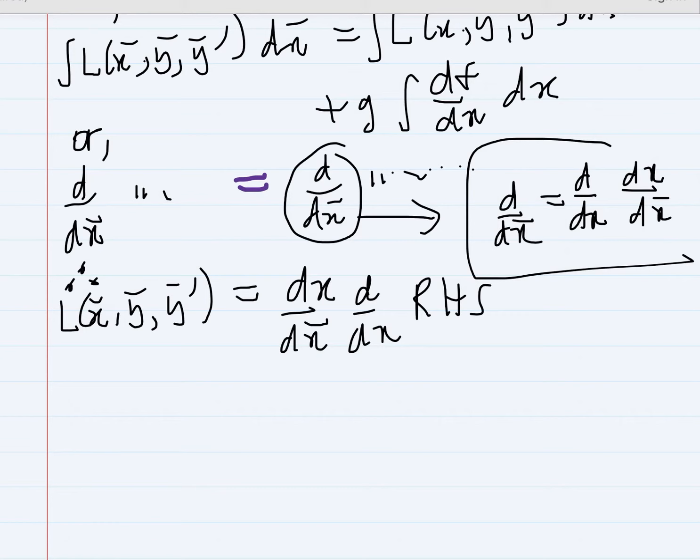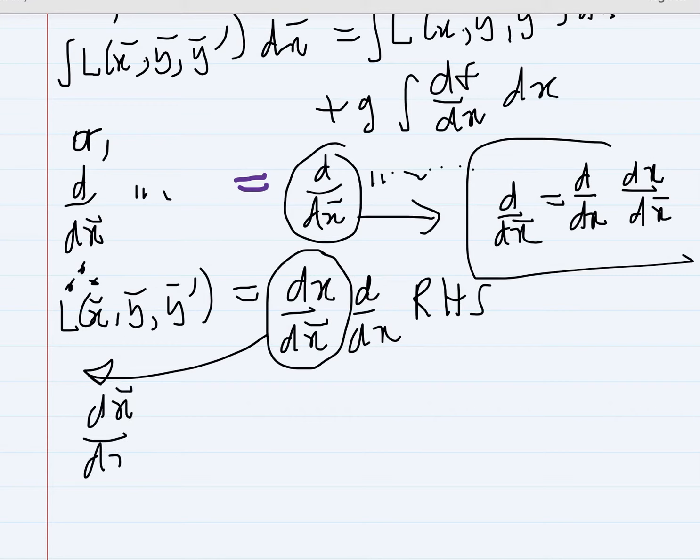So I'm going to do two things. This term now I'm going to take to the left hand side, and on the right hand side we just do a differentiation. So we're doing two things here. So this becomes dx bar by dx multiplied by what we had on the left hand side, L of x bar, y bar dashed equals, and then when we do the derivative of the right hand side, the integrals disappear.